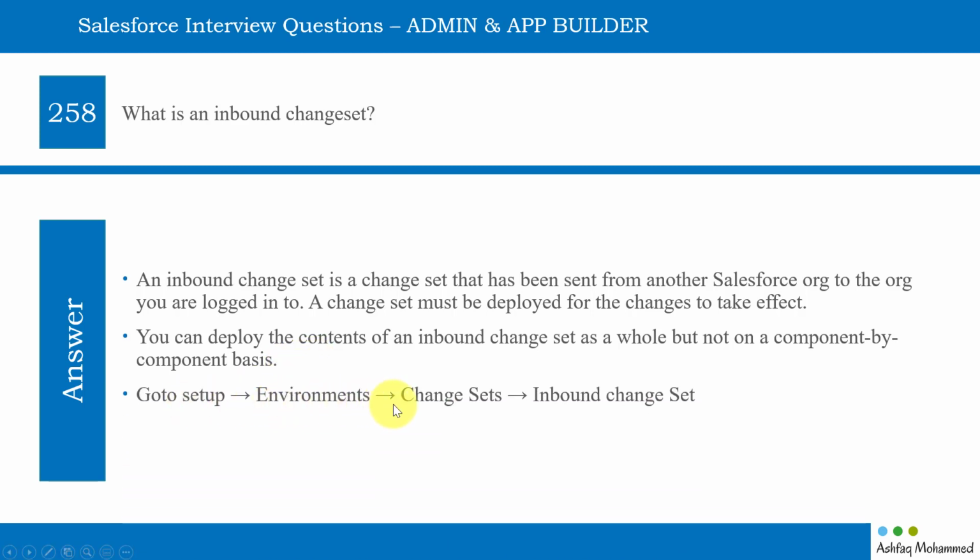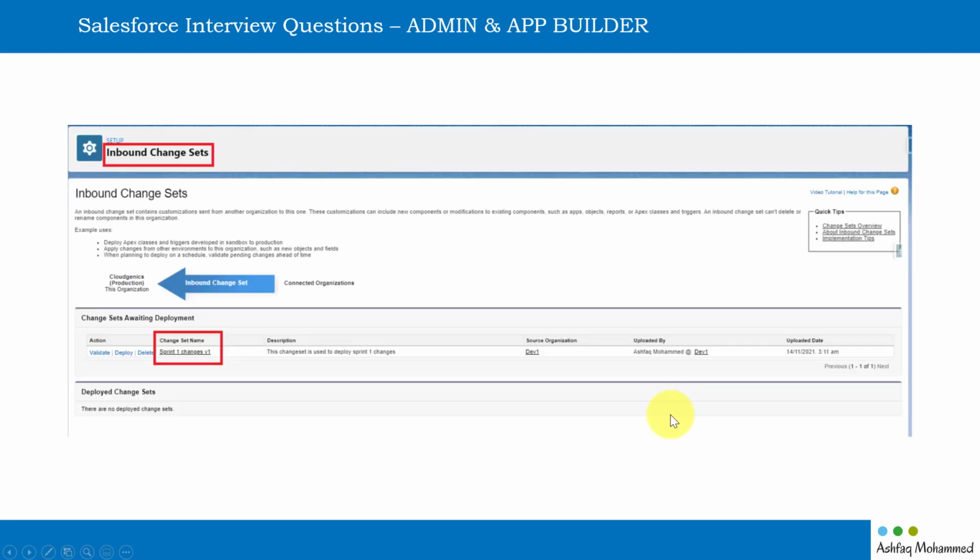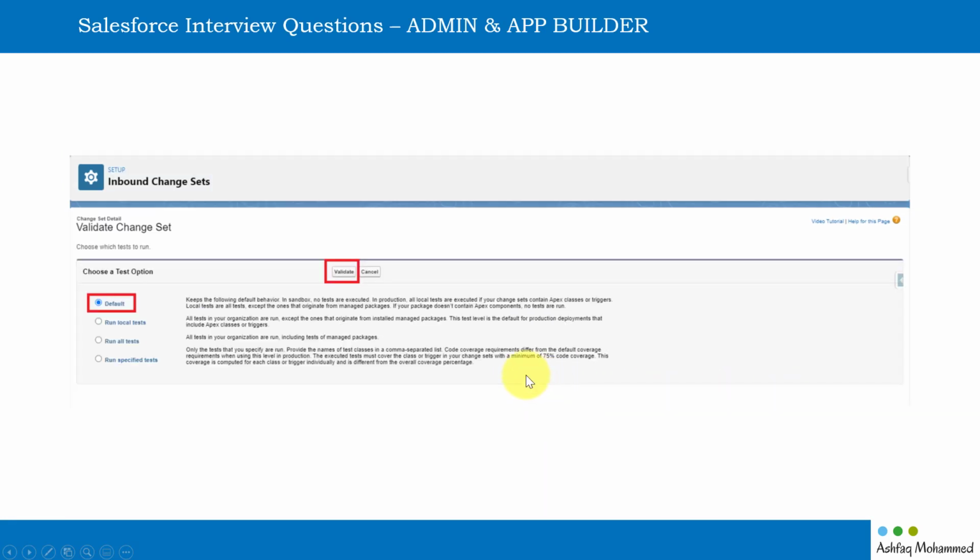So go to Setup, Environments, Change Sets, and Inbound Change Sets. As soon as you go to inbound change set, you will see the one which we have uploaded. It will show from where I got this change set: from my developer 1 sandbox, uploaded by whom, uploaded date, and so on. Don't worry about these options right now, because this is all about how we test the classes.